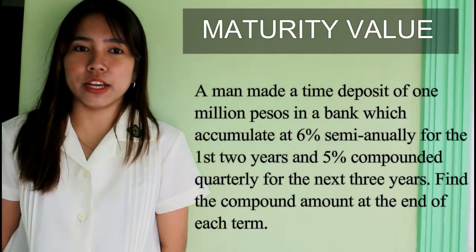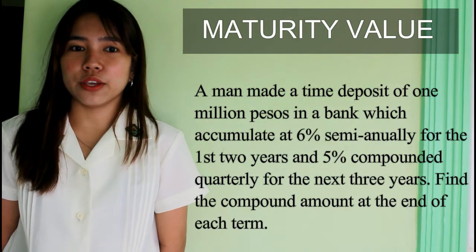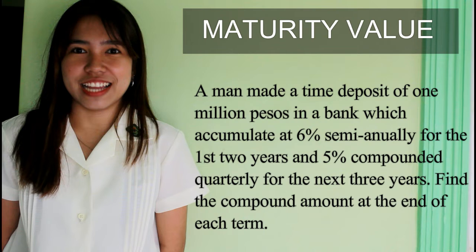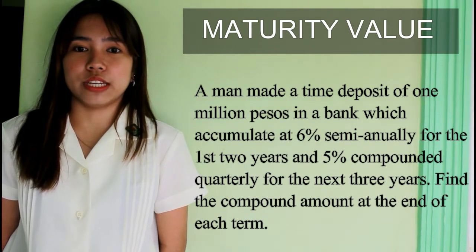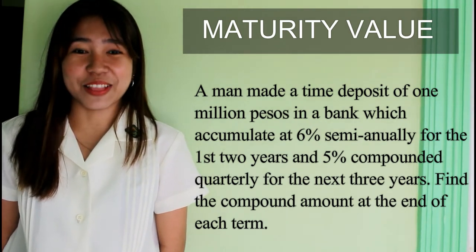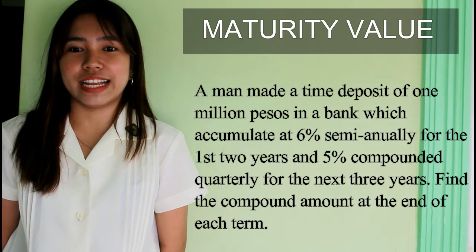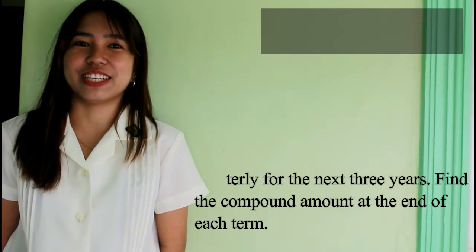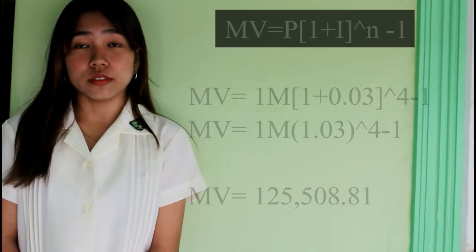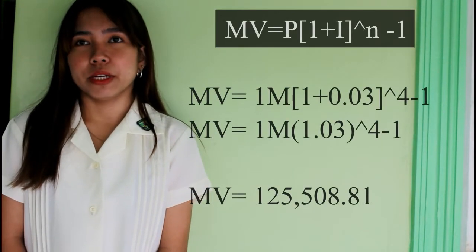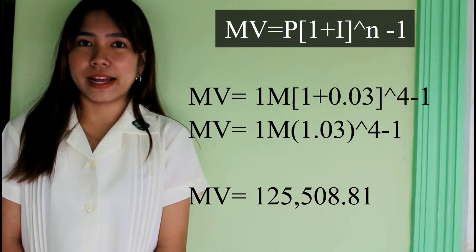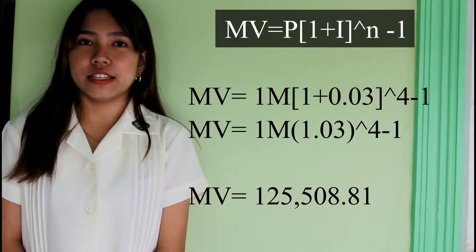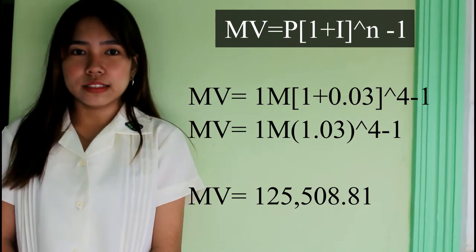Maturity value. A man made a time deposit of 1 million pesos in a bank, which accumulates at 6% compounded semi-annually for the first 2 years and 5% compounded quarterly for the next 3 years. Find the compound amount at the end of each term. Here's the formula: maturity value equals principal times 1 plus interest raised to n, minus 1.